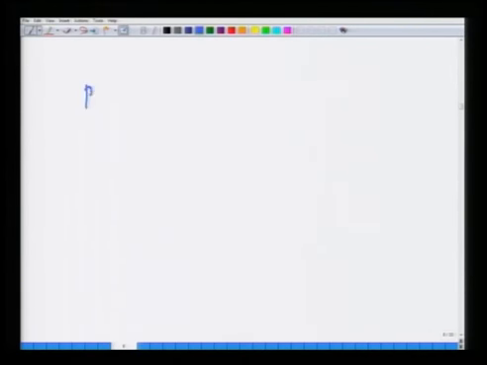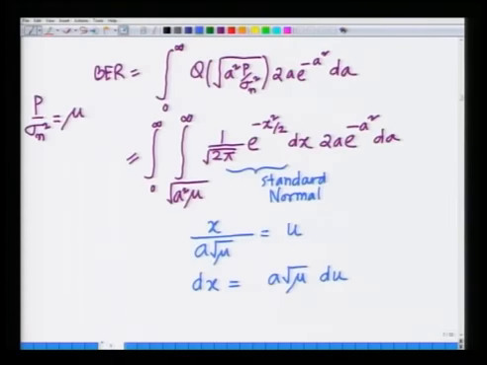I can write this bit error rate now as follows: the outer integral is still 0 to infinity. However, for x I am substituting a square root of mu times u, which means the lower limit becomes a square root of mu divided by a square root of mu, which is 1. The upper limit, infinity divided by a square root of mu, is infinity.